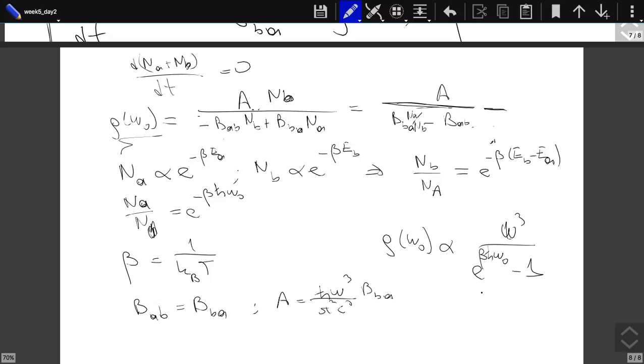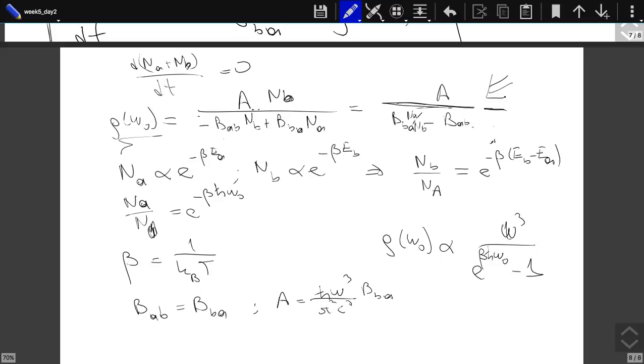If you compare this rho of omega with what we obtained above, you see that B_BA and B_AB have to be equal. You see the coefficient of the exponential and the coefficient of the constant term are the same, just a relative minus sign.